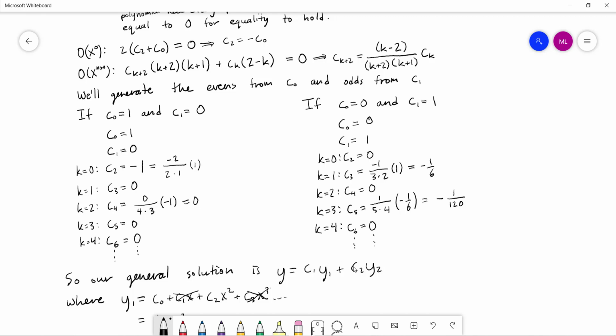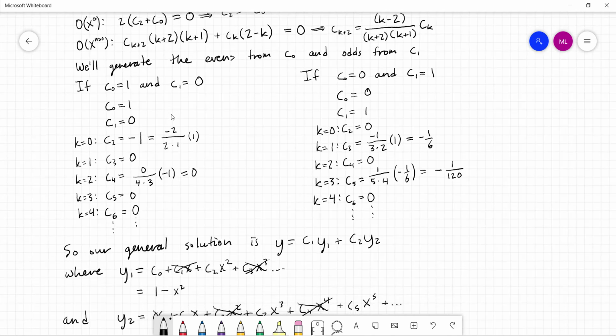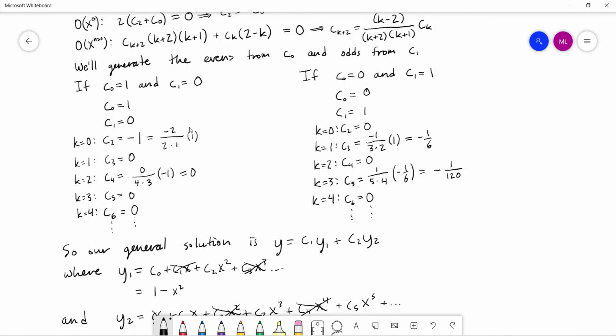I called them C1 and C2 here, but in a way they really correspond to our C0 and C1. I could have just left this as, let's say, C0 is C0 and C1 is 0. So in one case, let's just focus on the terms generated by C0. All that would have changed is that instead of having the factor of 1 right here, I would have had a factor of C0.